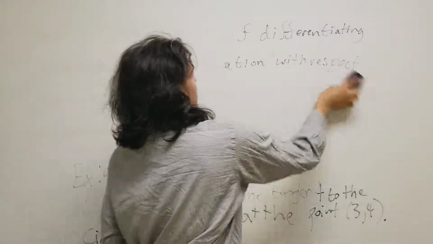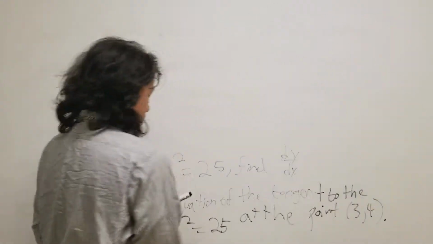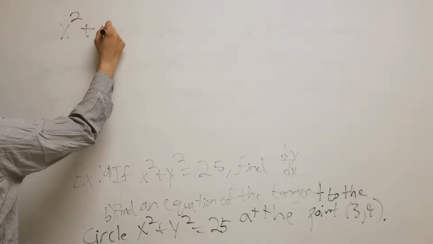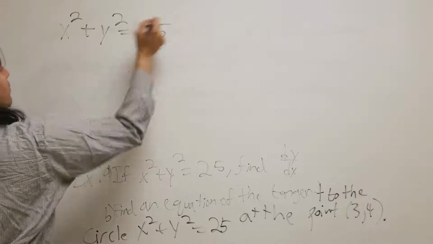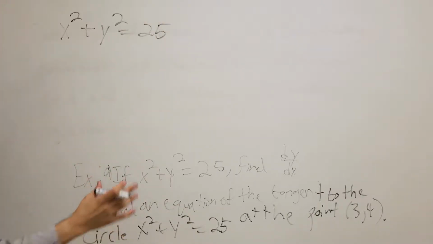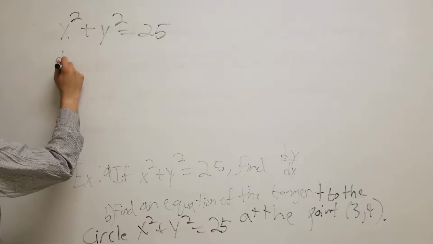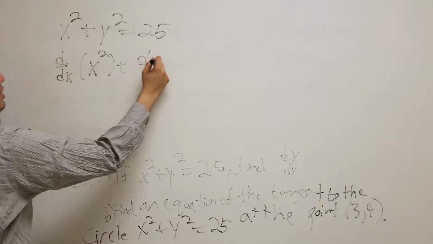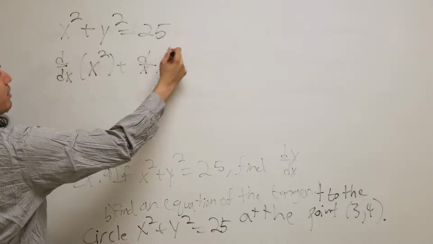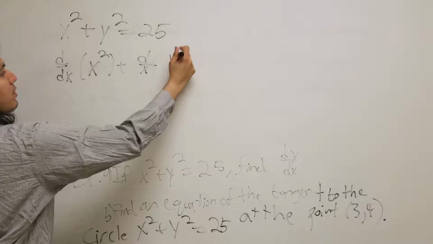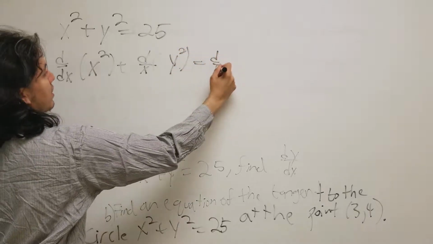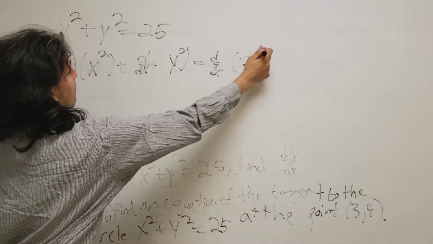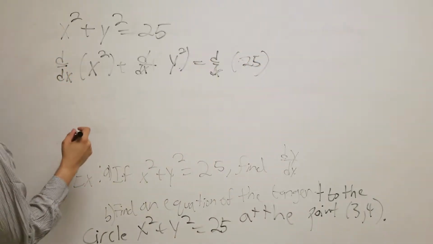First thing you're going to do is take the derivative on both sides: d/dx of x squared plus d/dx of y squared equals d/dx of 25.